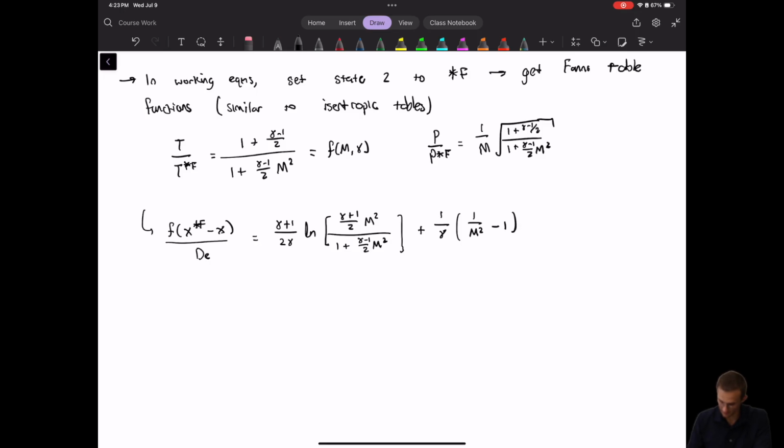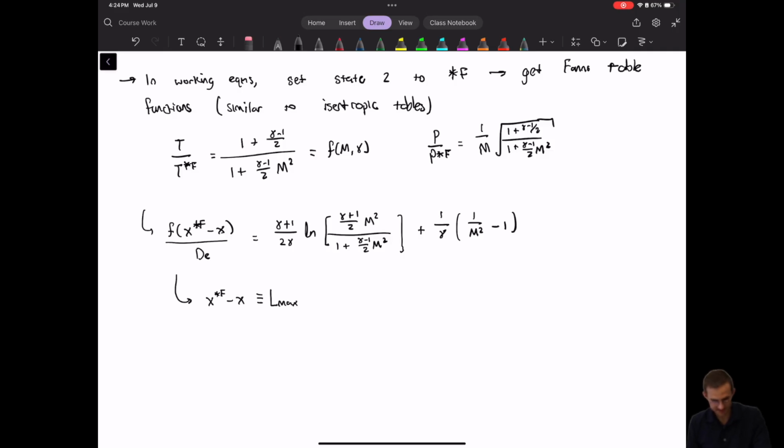All right. And the reason why this one's important is because this X star F minus X, we call that Lmax.